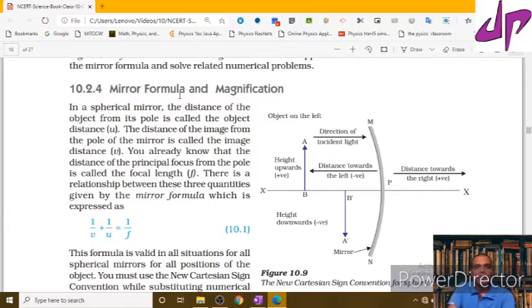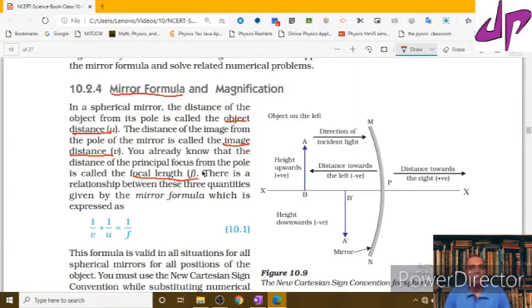So mirror formula is a relation between object distance and image distance and focal length. The relationship between object distance, image distance and focal length is known as mirror formula.